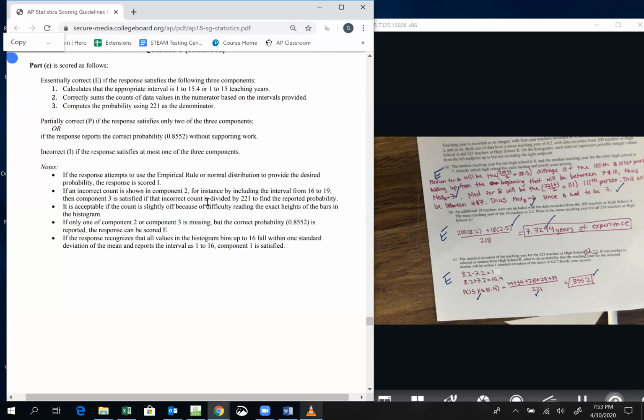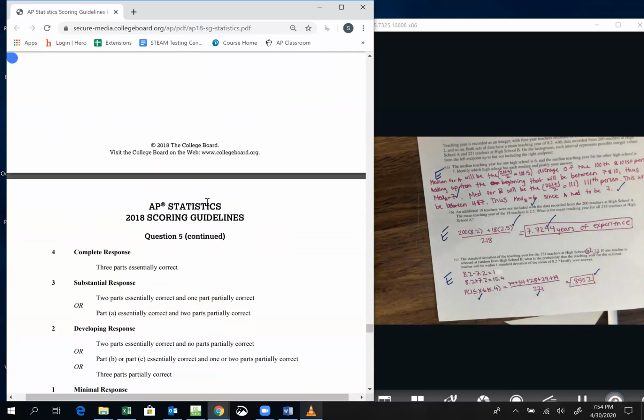Okay, so it actually says if one of these two is missing, so either you didn't have this or you didn't have this, but you did get the correct answer, that you can still be scored with an essentially correct. If you did 1 to 16 instead of 1 to 15.4, that was also fine.